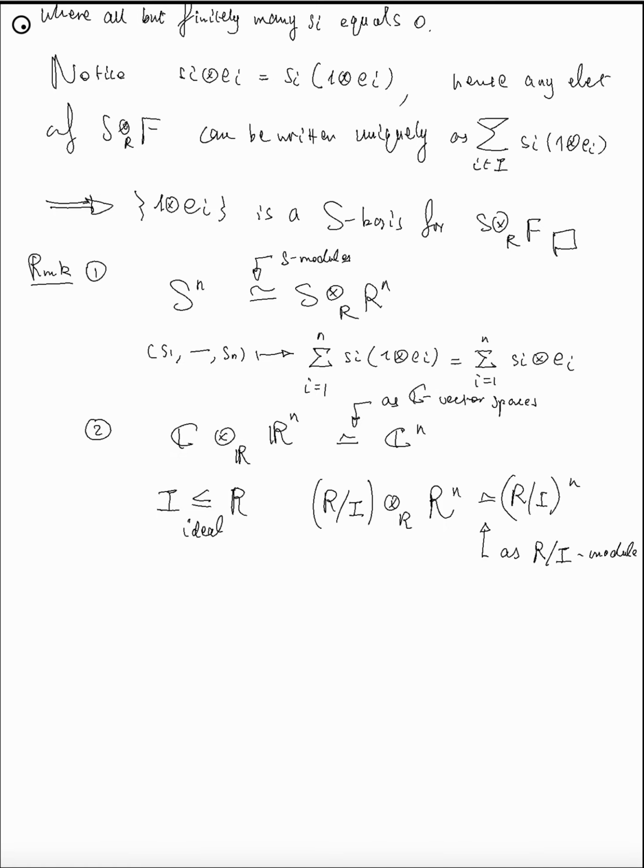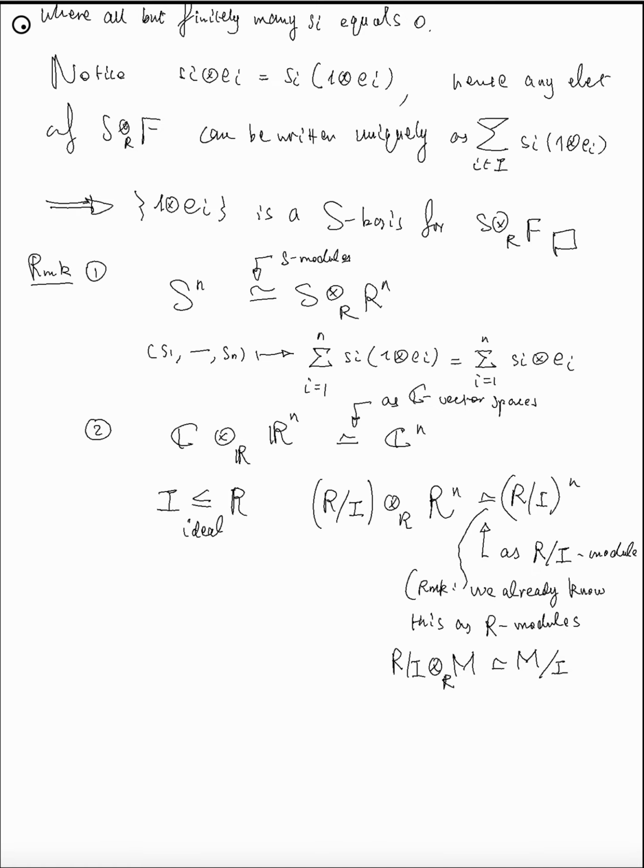So, remark, we already have this as R modules. That's what we already proved before. R quotient I tensor M is isomorphic to M quotient I, something like that.